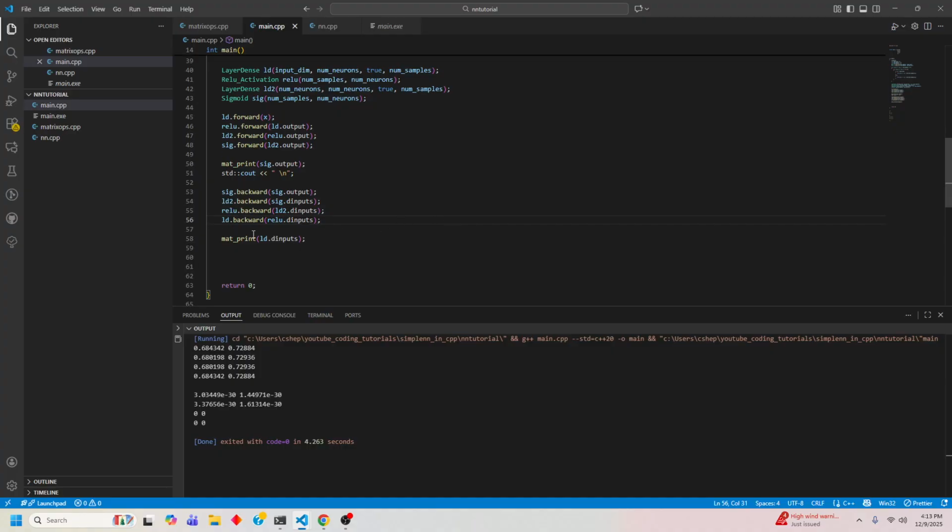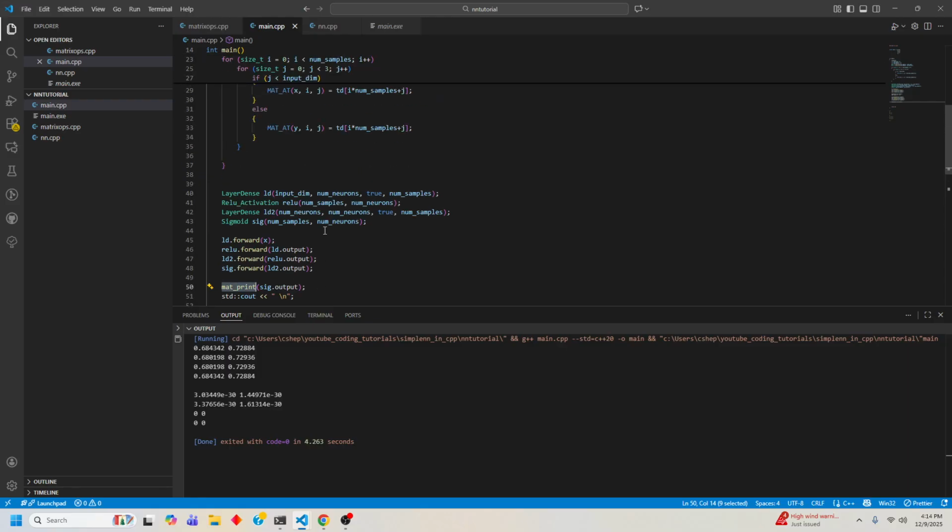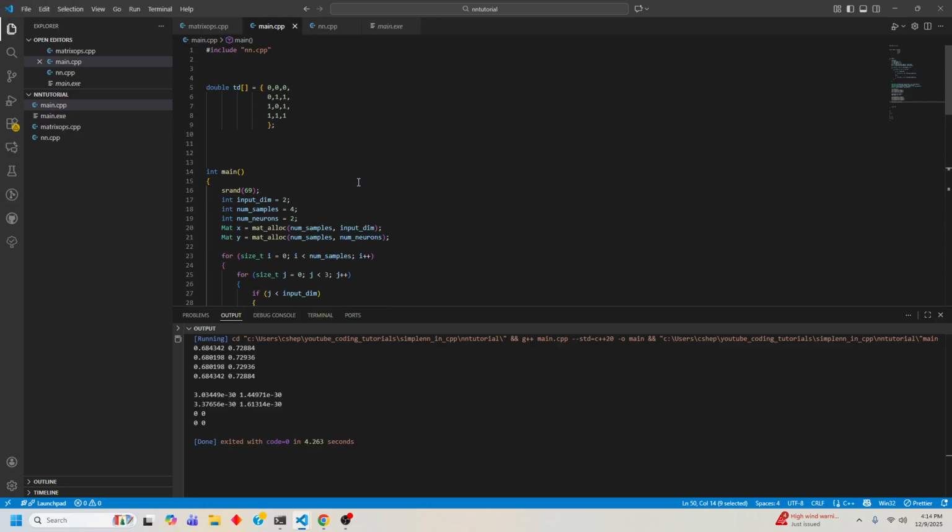So we have the output of the sigmoid function, and then let's see, print. Double checking that that's right here.